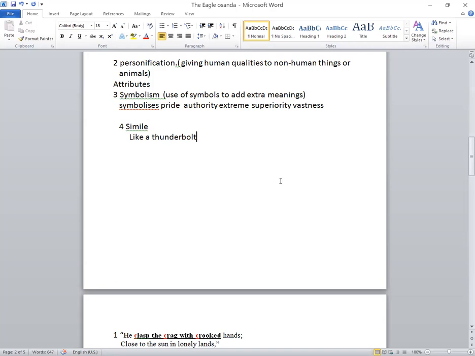In the last line of the poem, Tennyson uses a simile to imply, I-M-P-L-Y, imply.